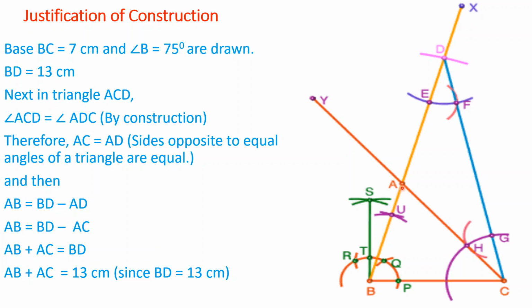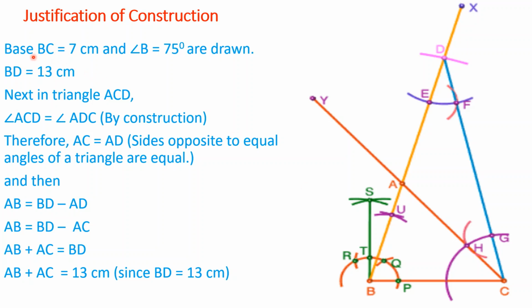Now children, see here, ABC is the required triangle which we have constructed, in which BC is 7 cm and angle ABC, or you can say angle B, is 75 degree. That we have constructed.